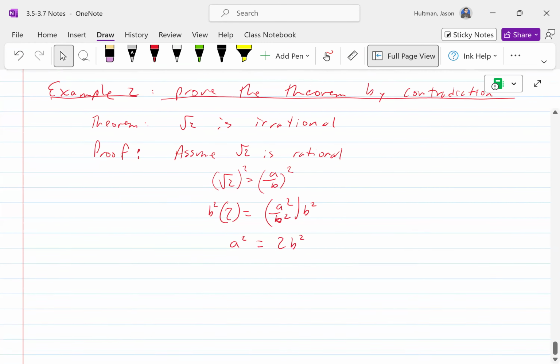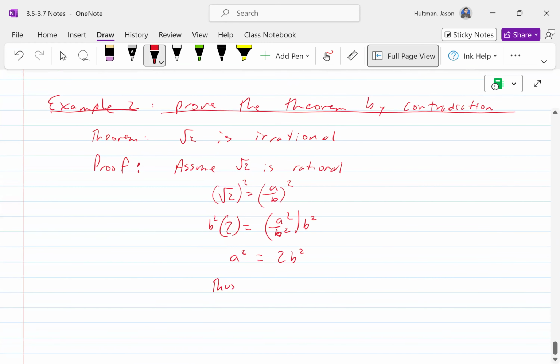Thus, a squared is even, since it is twice the square of an integer.